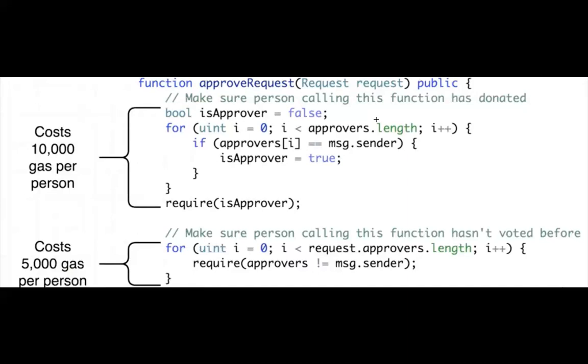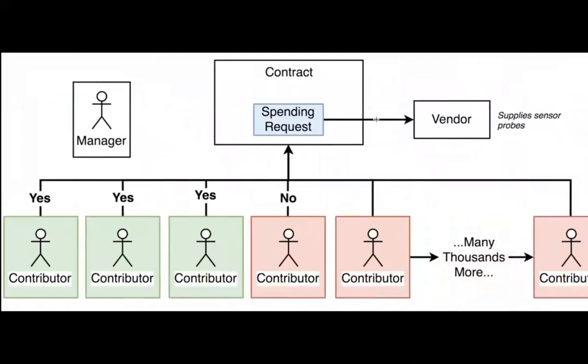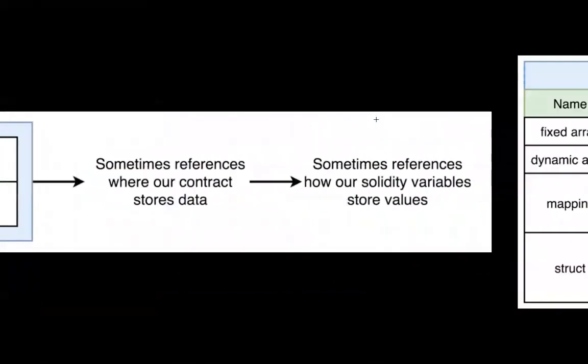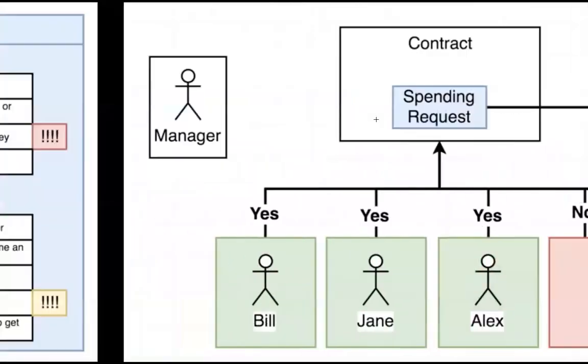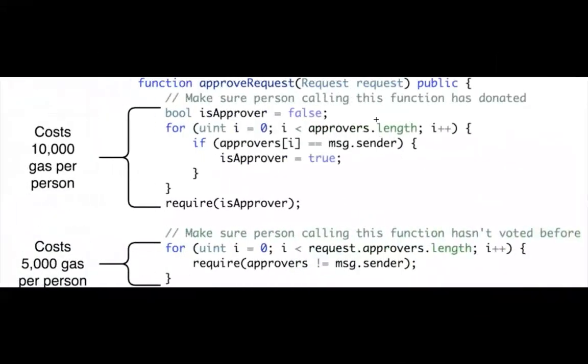That's why using an array for addresses is a poor approach, both the outside array for our addresses and then an array for addresses inside of a given request.